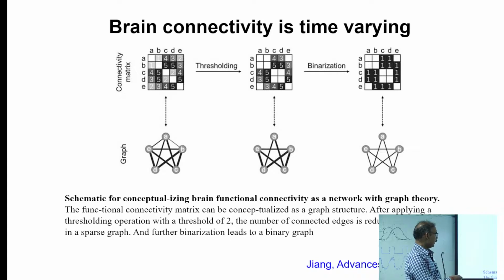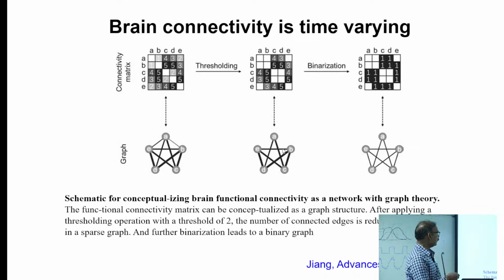This one is connected, but it can also represent the strength. You know, if between C and B it is 5, right? C and B will be a thick line, right?